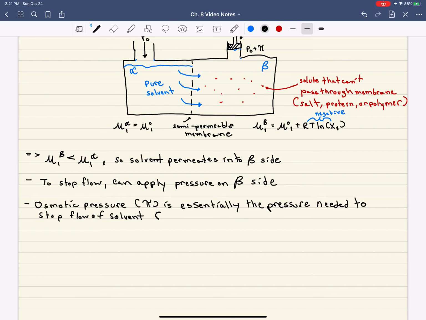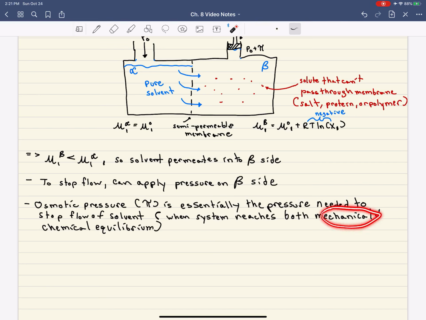Or another way to think of it, when the system reaches both mechanical and chemical equilibrium. Because remember, mechanical equilibrium is when the pressures on both sides are equal, and then chemical equilibrium is when those chemical potentials on both sides are equal.